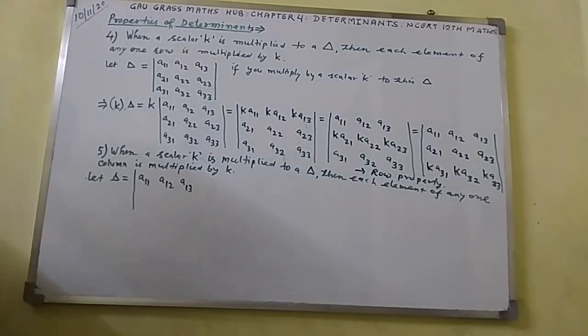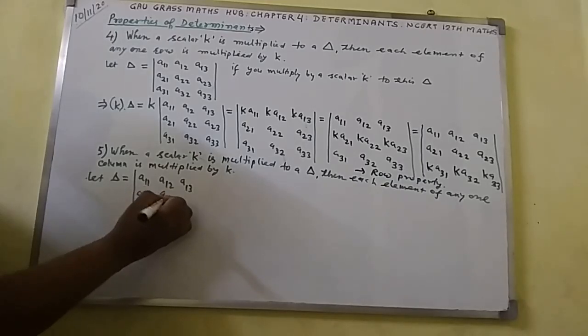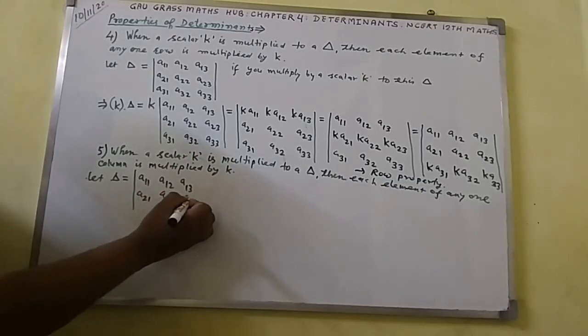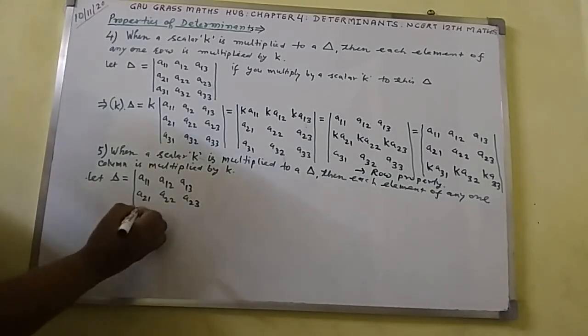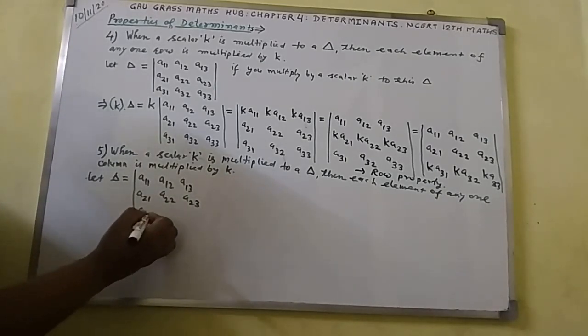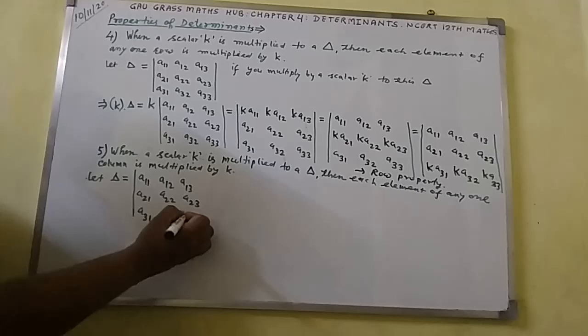The elements of the second row I shall write here: a21, a22, a23. The elements of the third row I shall write here: a31, a32, a33.